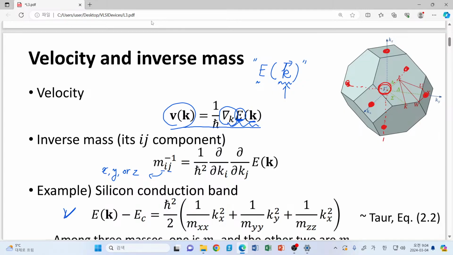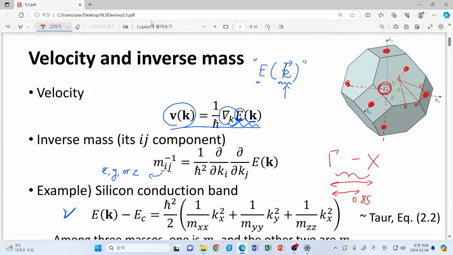Now we can imagine a one-dimensional coordinate starting from our gamma and ending at our X point, and you know, where can you find this conduction band minimum? If this is measured as length 1, then you can find it at approximately 0.85.